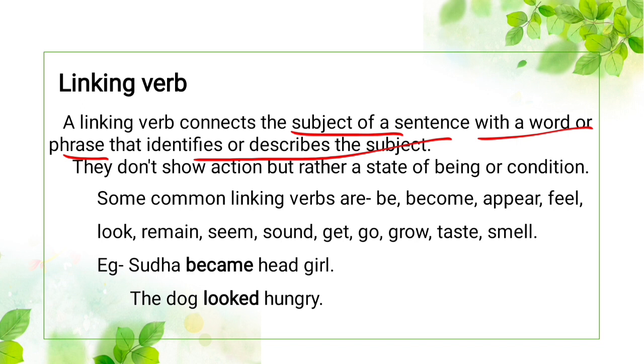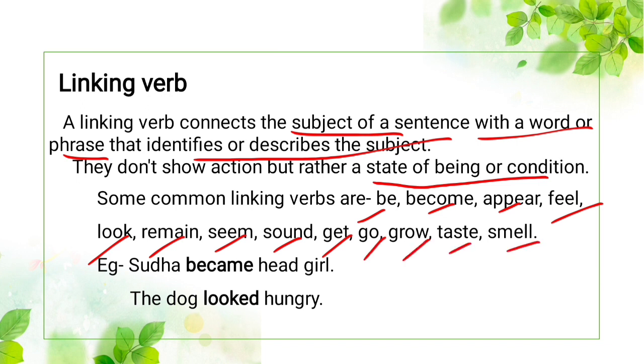So they don't show action but rather a state of being or condition. There are some common linking verbs like be, become, appear, feel, look, remain, seem, sound, get, go, grow, taste, smell, and so on.